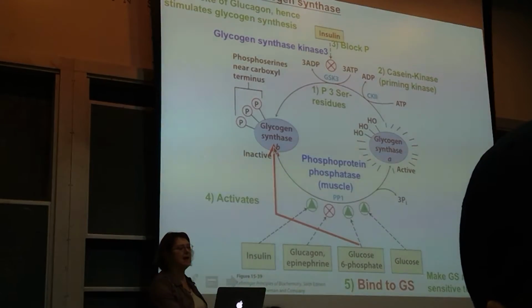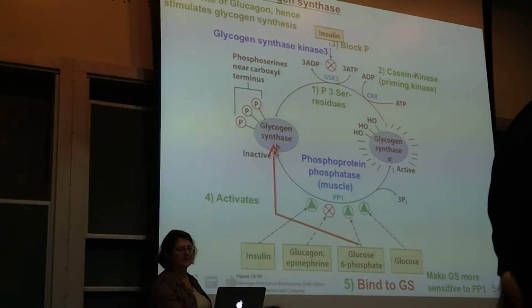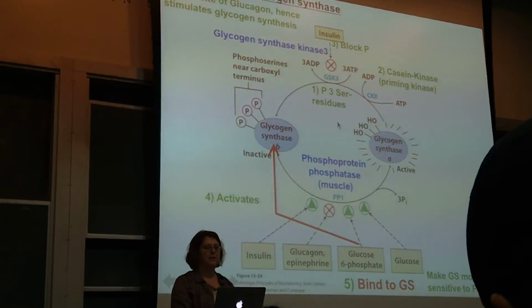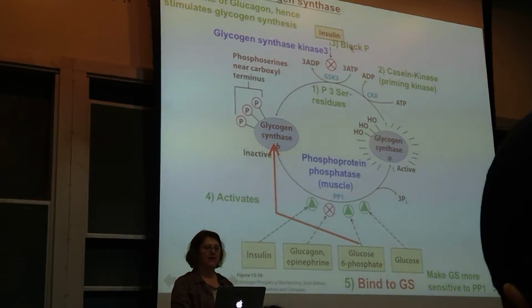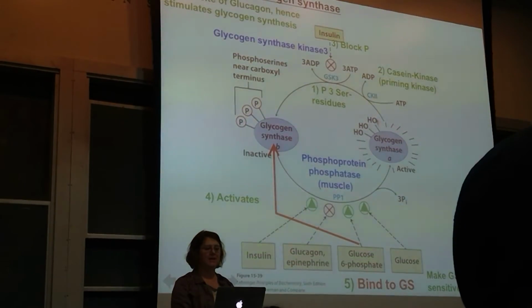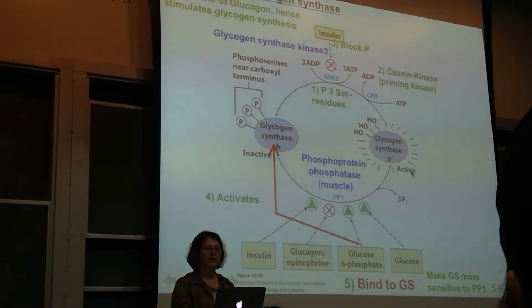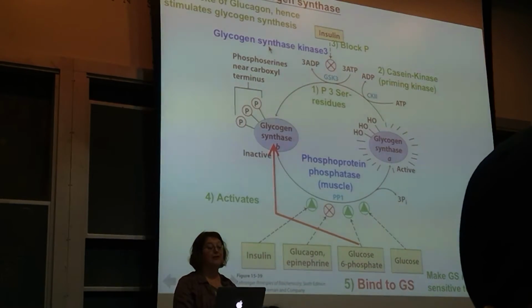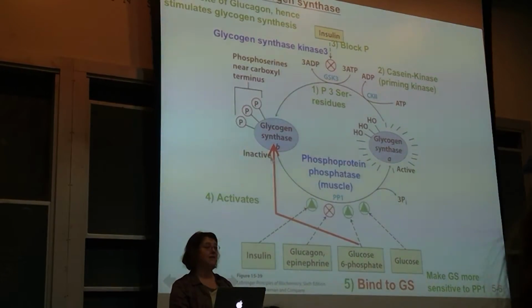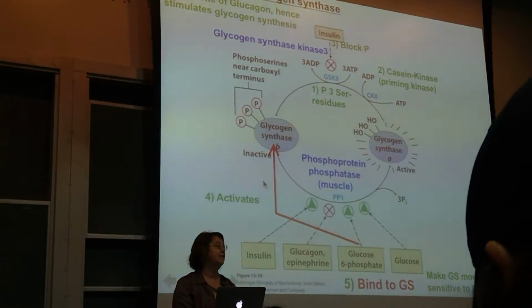And then that makes it inactive. Okay? So inactivation happens via this glycogen synthase kinase, because the phosphorylated form is inactive.